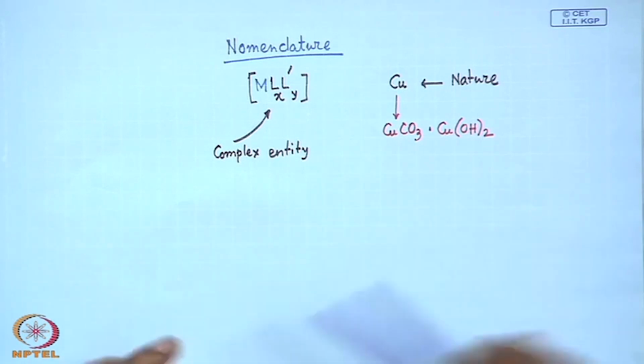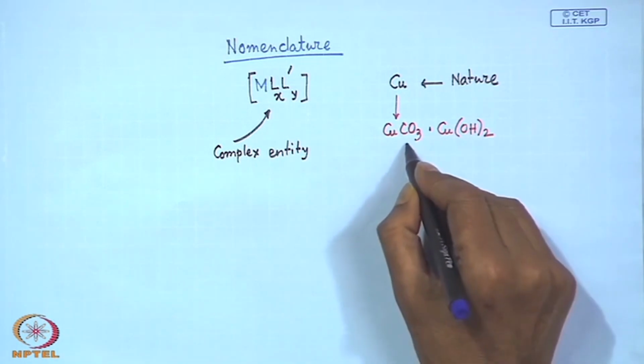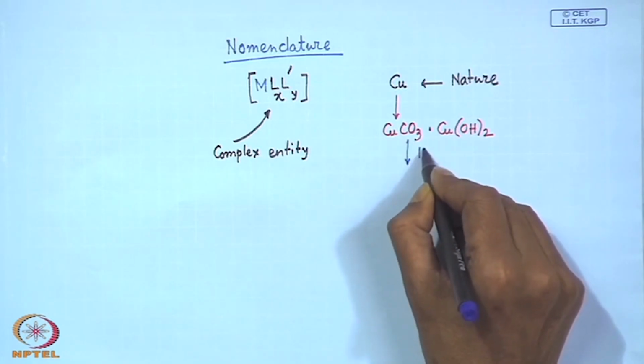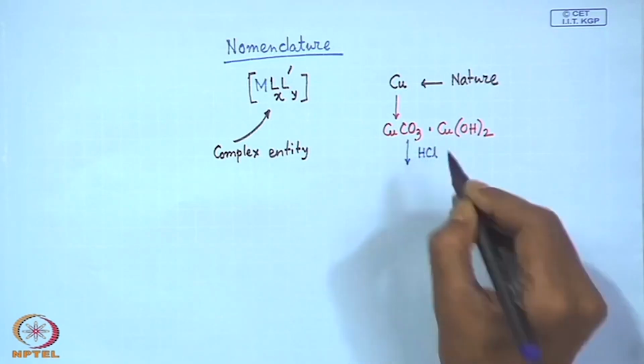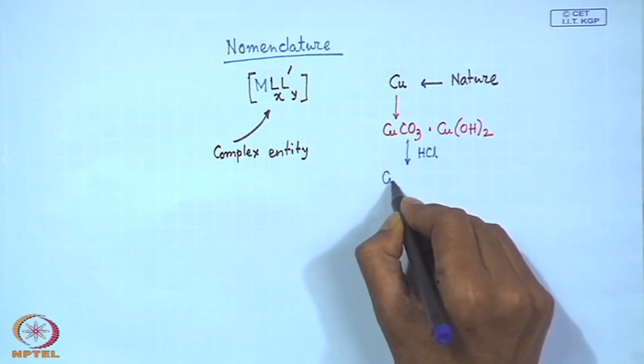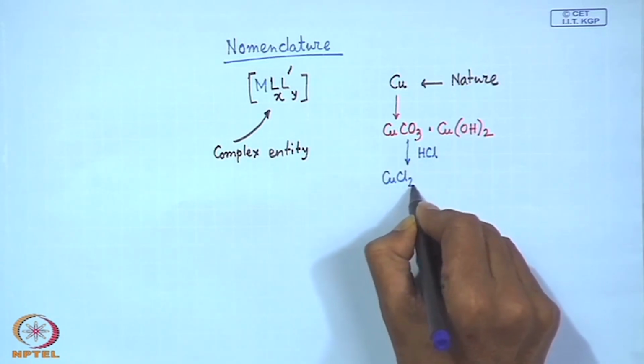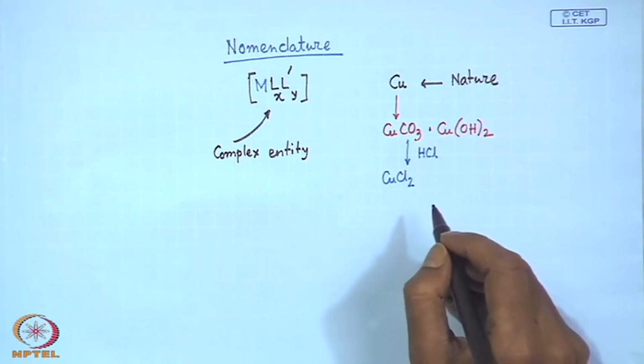So, if these are there and if we dissolve them in hydrochloric acid, we get a corresponding salt of copper chloride.